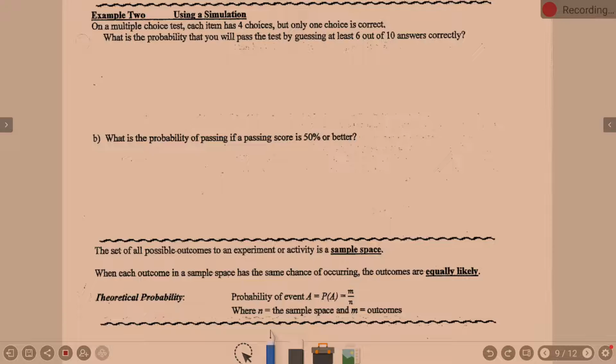We have 4 choices, right? So I'm going to set it up so it produces outcomes of 1, 2, 3, 4. I'm going to set up my lower bound as 1, my upper bound as 4. How many questions on this test? 10. So I'm going to have it produce 10 sets of answers. And this will make more sense after I do it.